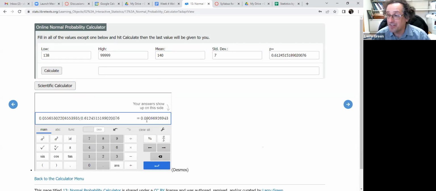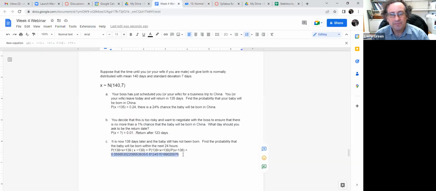And you get about a 9% chance. Any questions on that? Okay, so that's getting to be a higher percent chance, which means you probably want to stay pretty close to the hospital. Any questions on that idea?